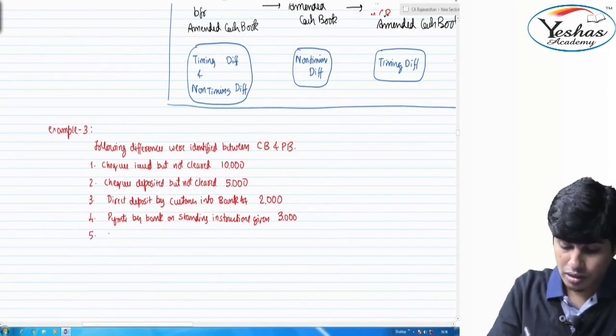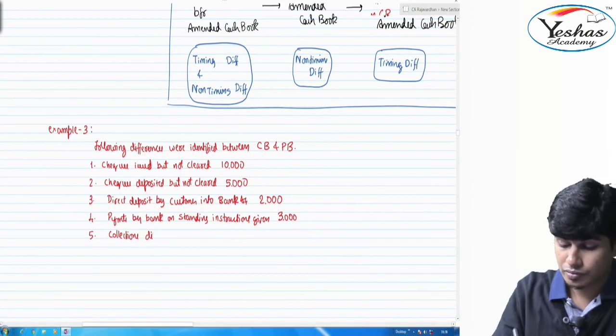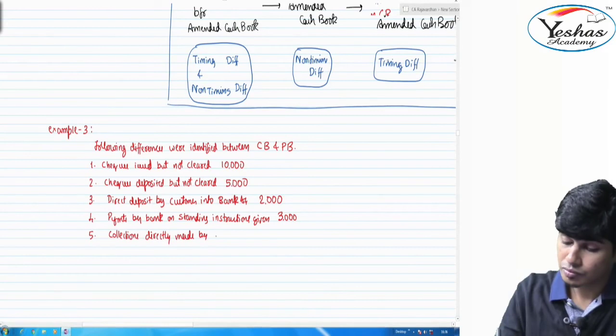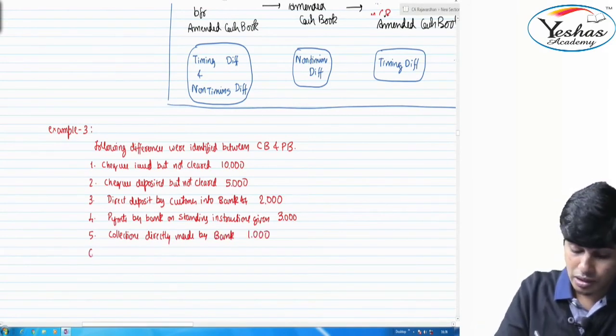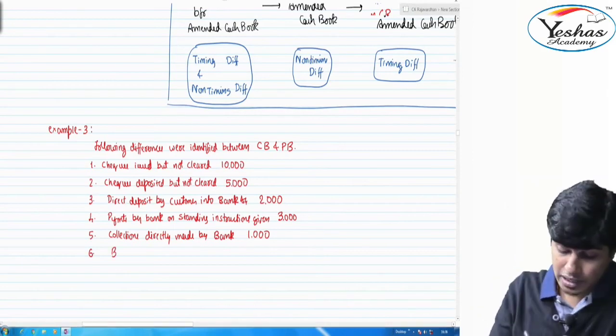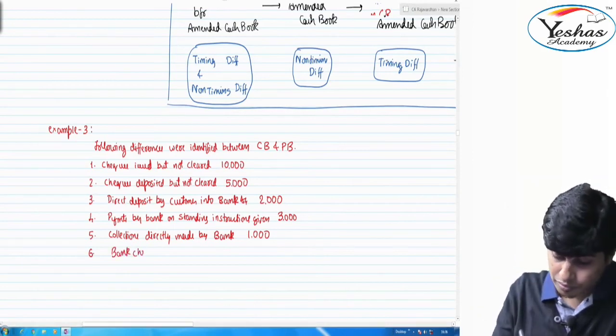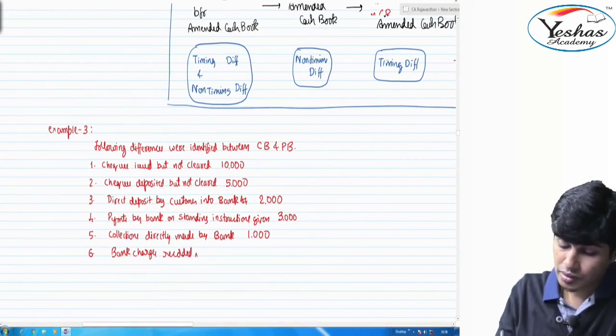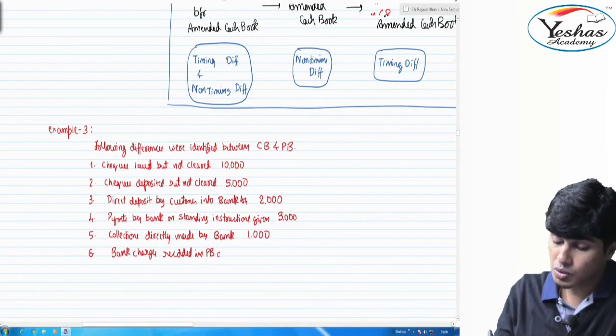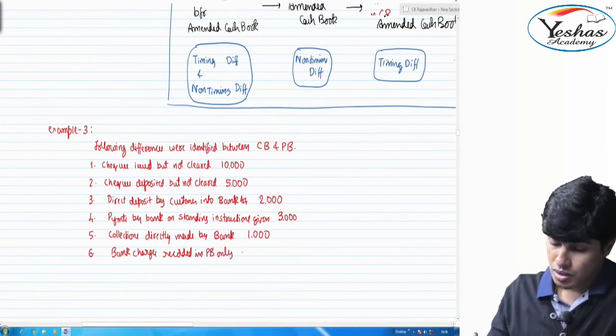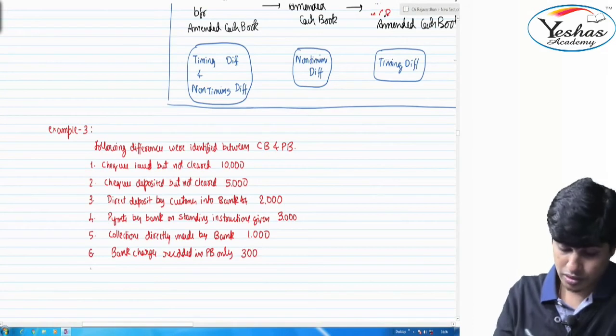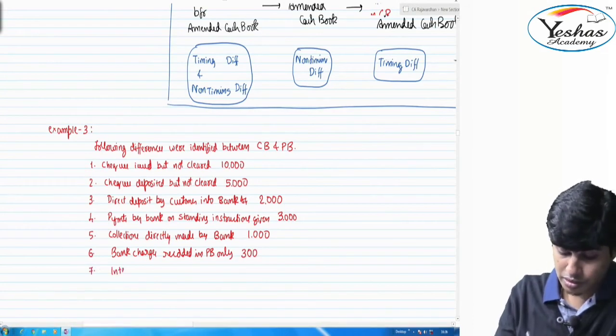Then collections directly made by bank, I'll write 1,000. Then sixth one, bank charges recorded in passbook only. How much? 300.